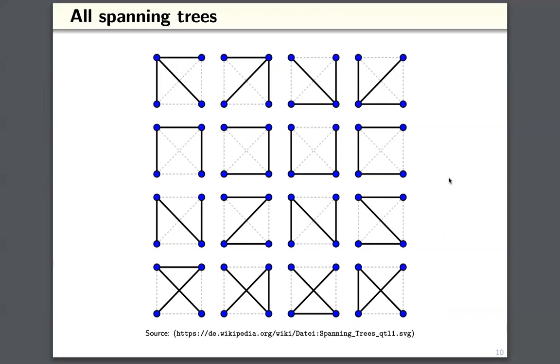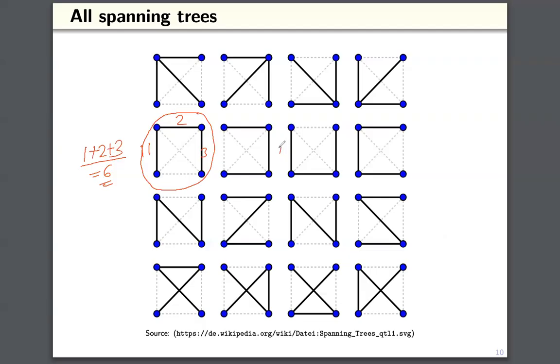And there are a lot of spanning trees for any given graph. If we are considering a weighted graph, each spanning tree will have different weights on its edges. If you take the sum of all the weights on these edges, suppose this was 1, 2, 3, so 1 plus 2 plus 3, 6 is the cost of this spanning tree.